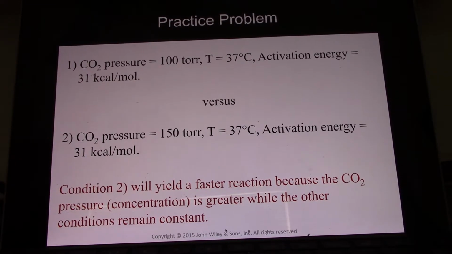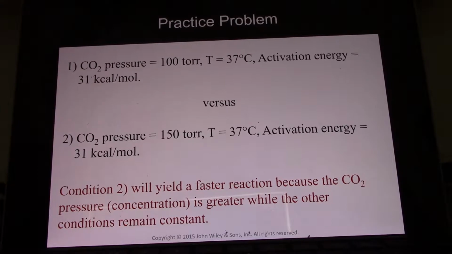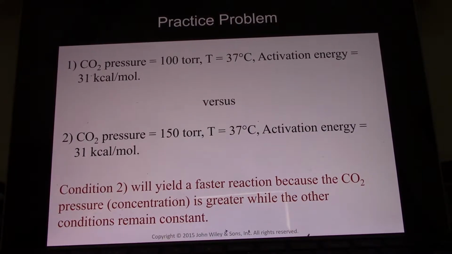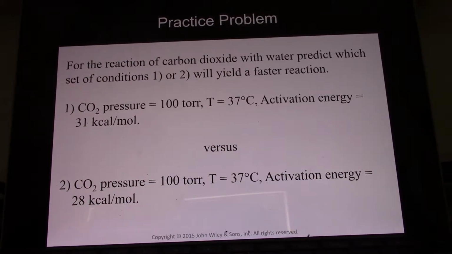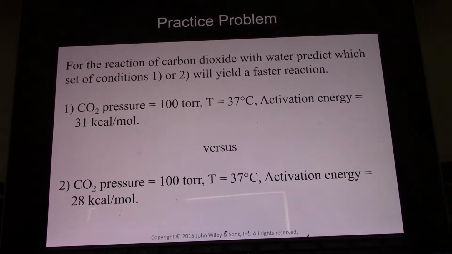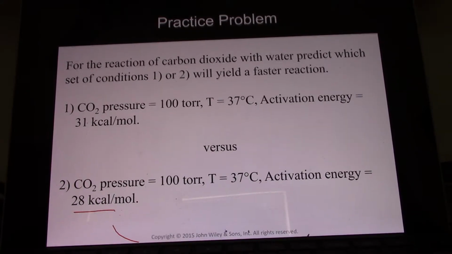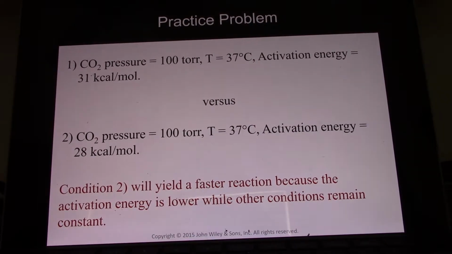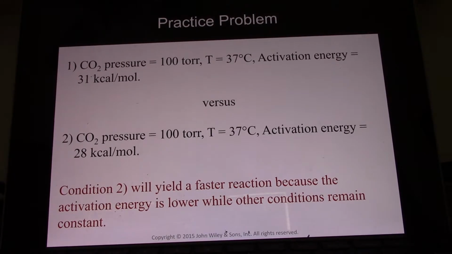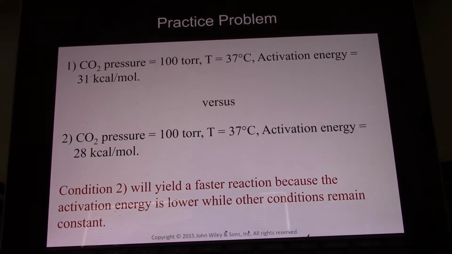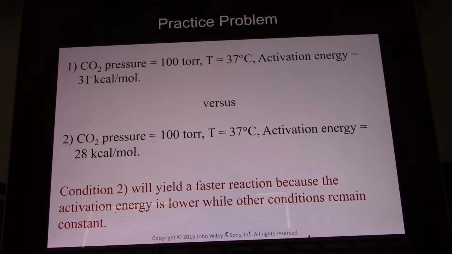The gas is at a higher pressure, which means there are more molecules per any given volume, which means greater concentration. Here, in 2, notice the activation energy is lower. That'll make things go a lot faster. Lowering the activation energy with a catalyst is an absolutely good way to make a reaction move a lot faster.